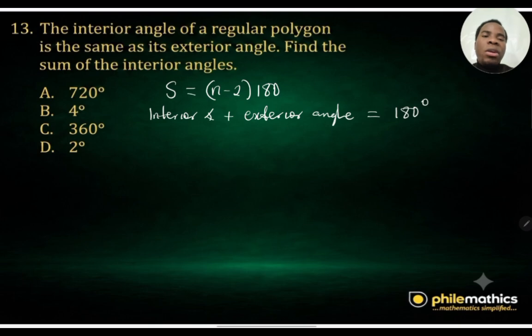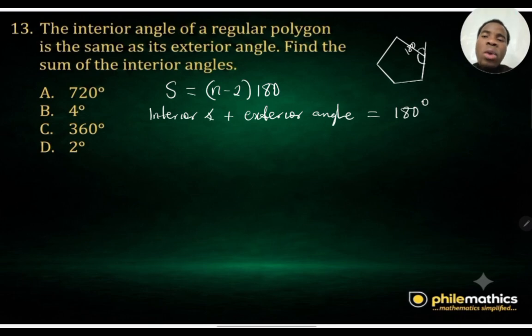Let's say we have a pentagon, which is 5 sides. We know exactly that this exterior angle plus this interior angle should sum up to the angle on a straight line, which is 180 degrees. That is how we got this.